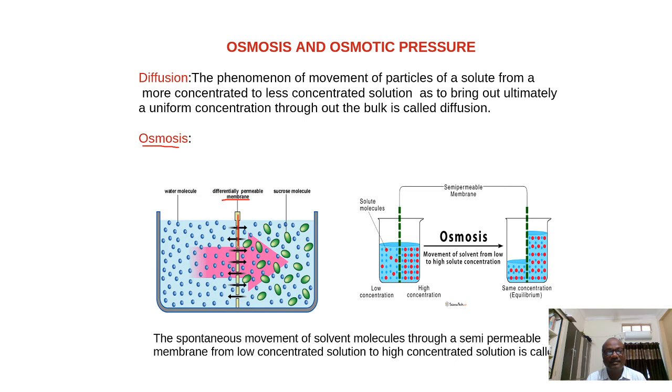Remember, this semi-permeable membrane can allow only the solvent molecules through and it prevents the passage of solute particles through it. Because the semi-permeable membrane will have small pores, the size of these pores will be less than the size of solute particles dissolved in the solution. So it will allow only the passage of solvent, not the solute, that you remember.